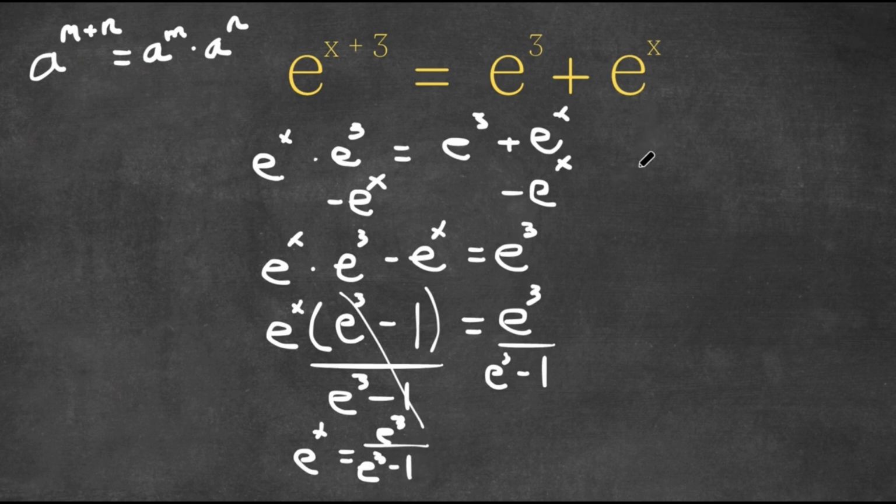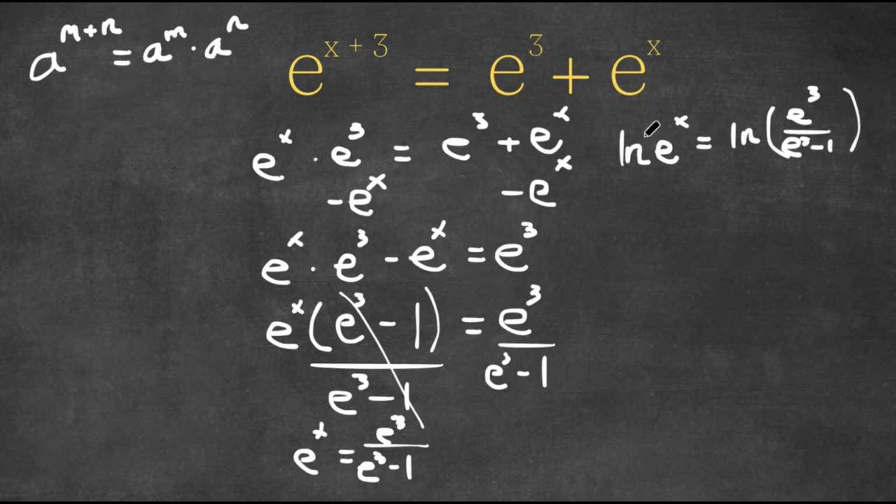Now I'm going to take the ln of both sides, because the natural log, or ln, is the inverse, or the opposite of e, meaning those two would cancel out. So if I take ln on both sides, I get ln e to the power of x is equal to ln of e to the power of 3 over e to the power of 3 minus 1.